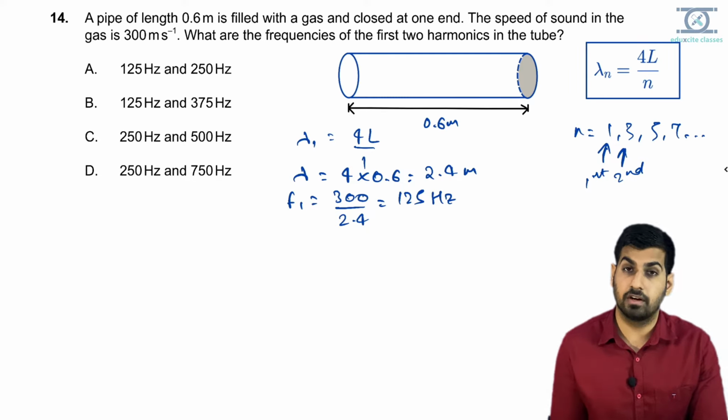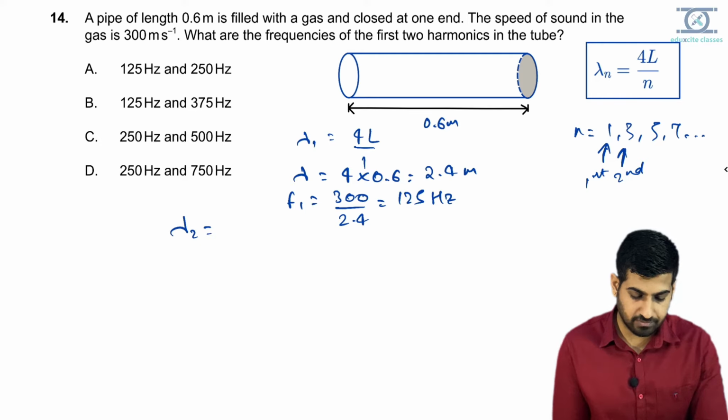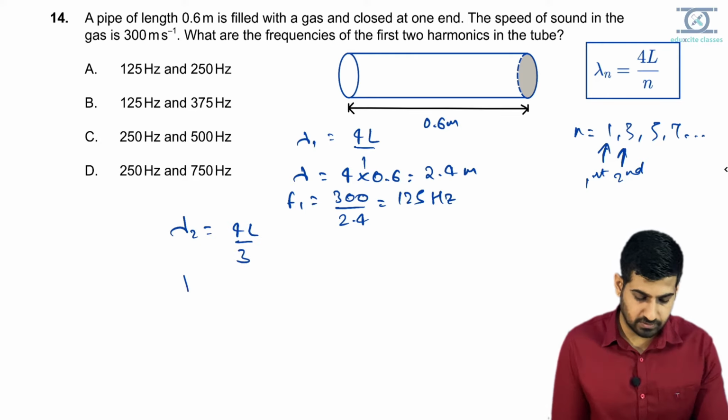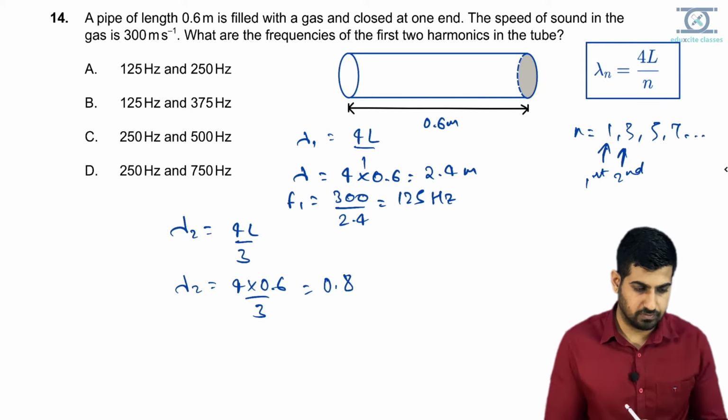Similarly, we can also solve for the second harmonic, 4L by 3. So lambda 2 will be 4 times 0.6 divided by 3, so that will be 0.8.